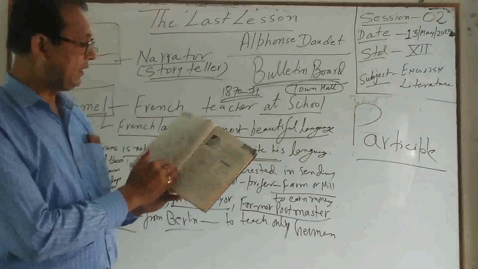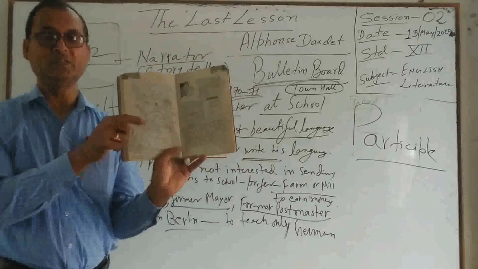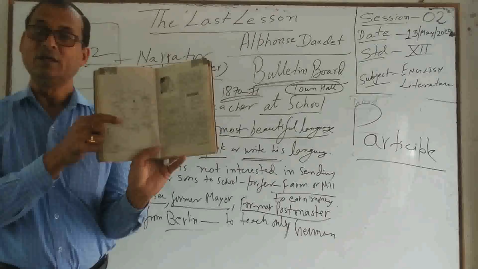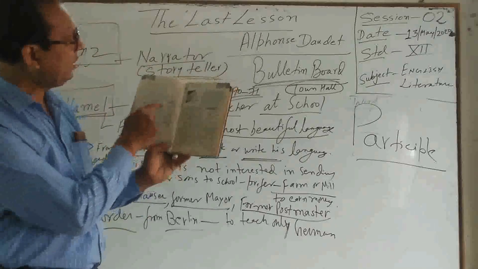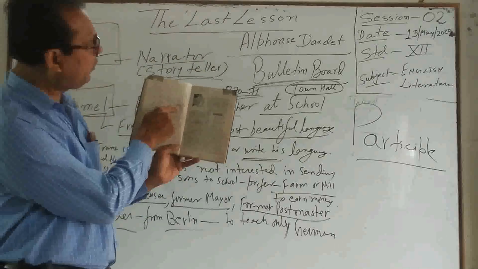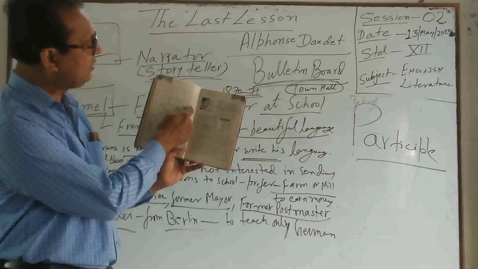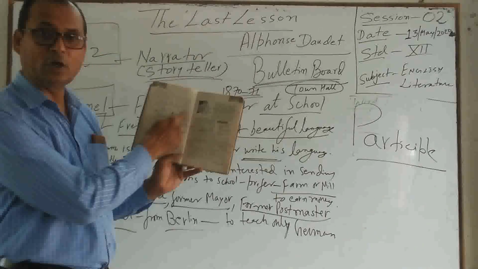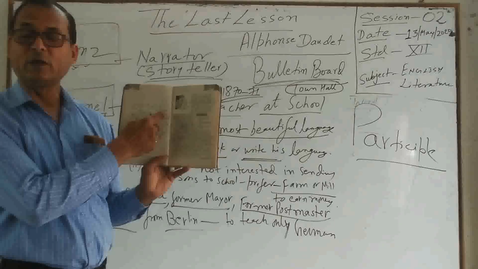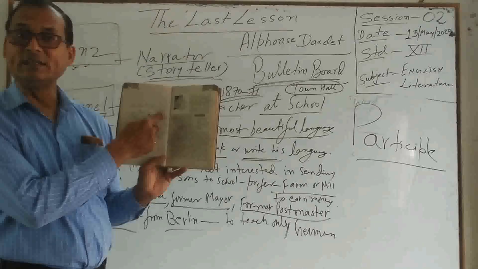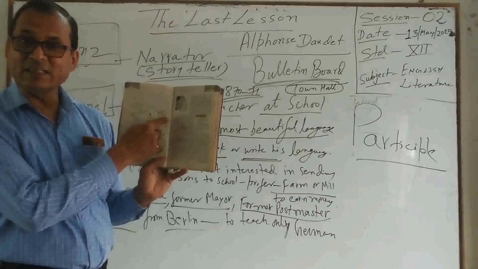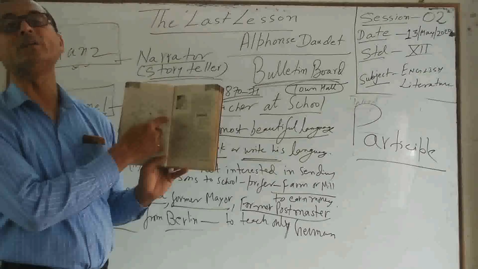So students, here is the picture. You can see there are two districts, Alsace and Lorraine. These came under the authority of the Prussian army because France got defeated in 1870-71 in the Franco-Prussian War.